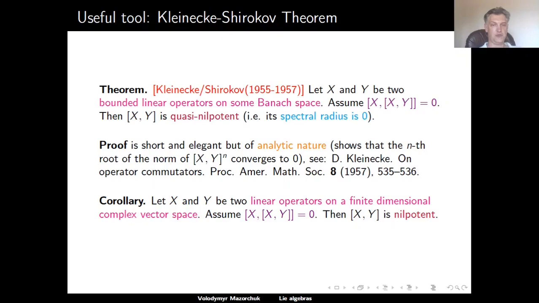If we have two linear operators x and y on a finite-dimensional complex vector space, such that x commutes with the commutator of x and y, then the commutator of x and y is nilpotent. The claim of Kleinecke-Shirokov theorem is that its spectral radius is 0, but then for finite-dimensional vector spaces this means that the commutator of x and y is nilpotent.